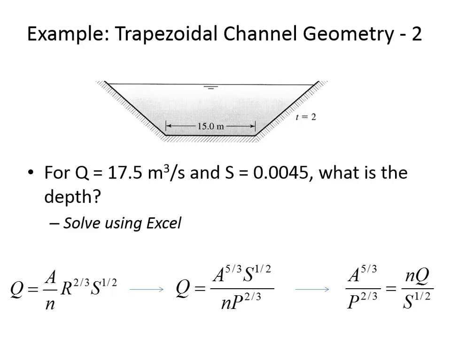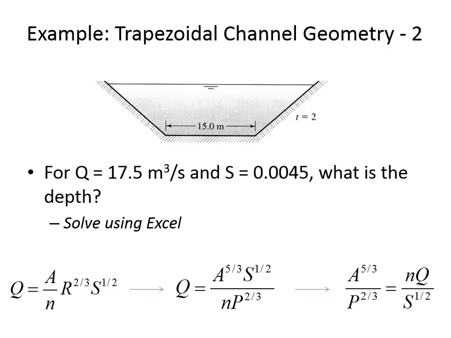Now I've rearranged the equation. This is Manning's equation that we've seen so far. And here's a little trick. Hydraulic radius is area divided by wetted perimeter. So if we combine this area with the area that's in the hydraulic radius, this is area to the 3/3, this is area to the 2/3.